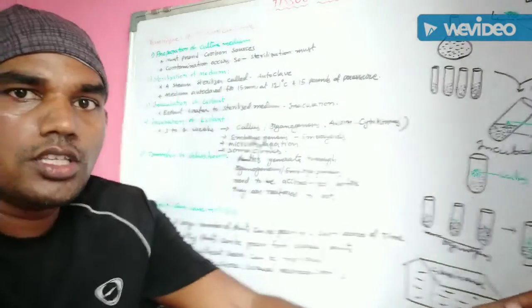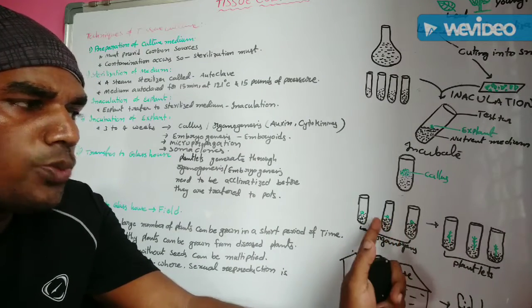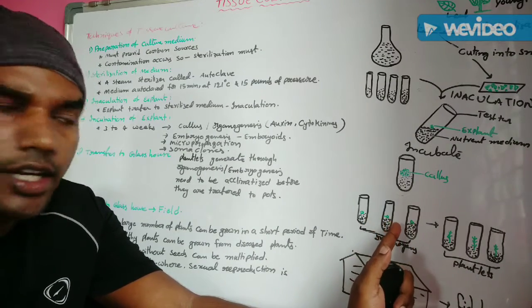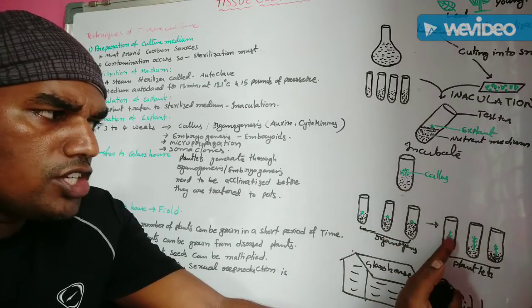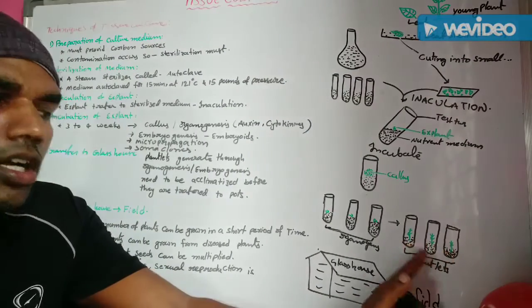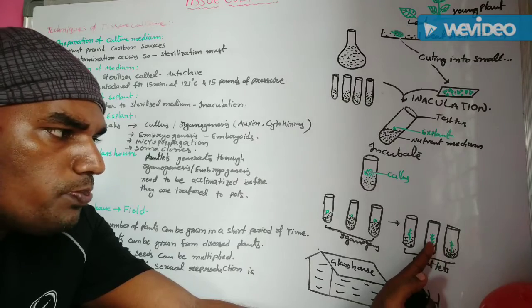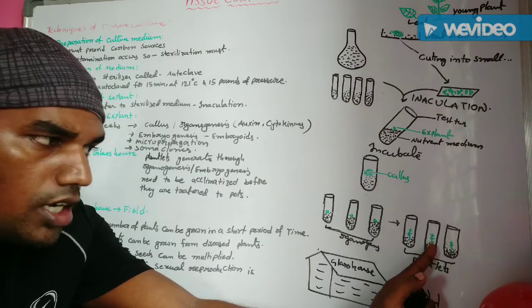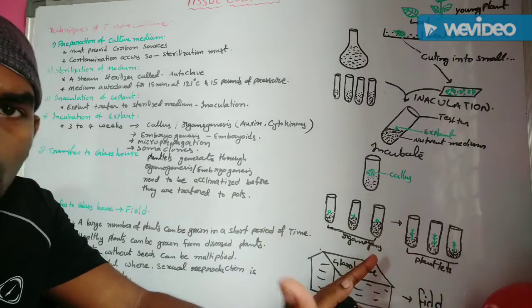Understand? In this way, these test tubes contain plant growth regulators. These callus are differentiated into plantlets, small plant-like structures. These are called plantlets. After formation of these plantlets, they are transferred into pots. ఒక కుందీలోకి మార్చుకోవాలి.